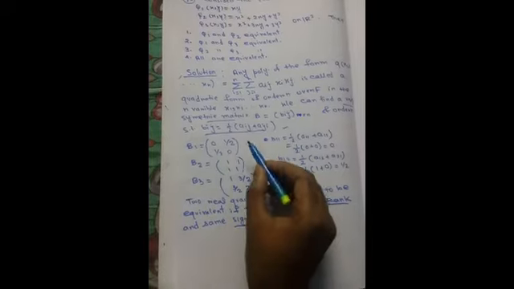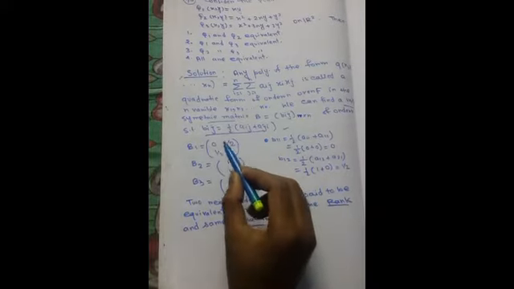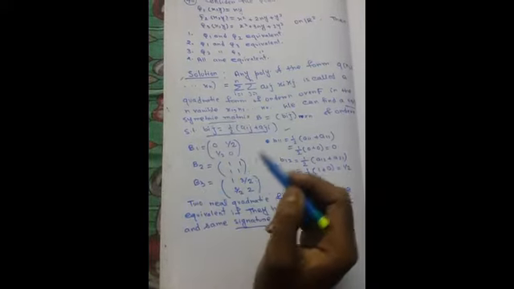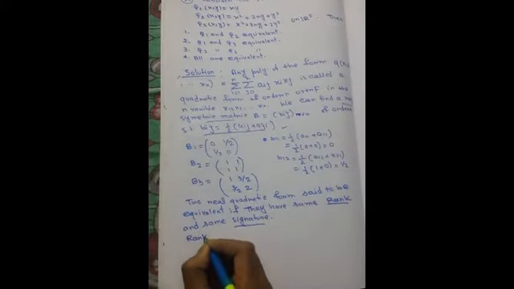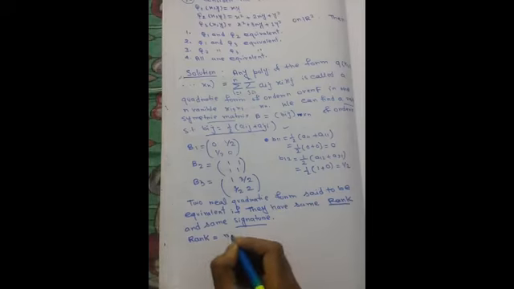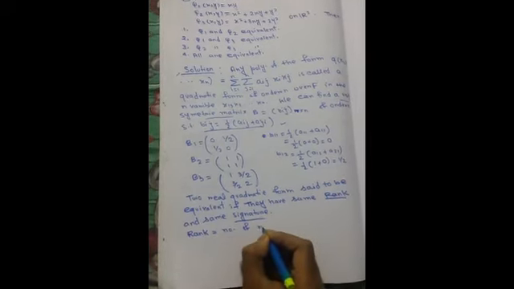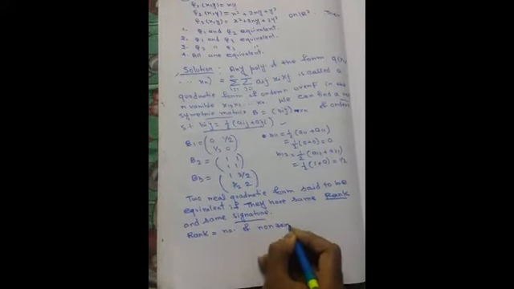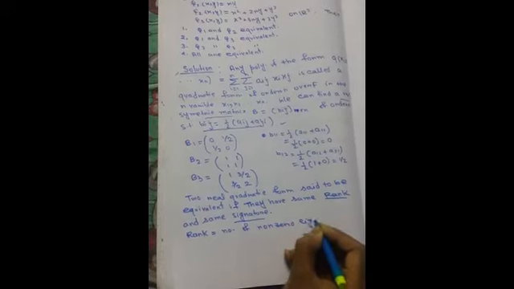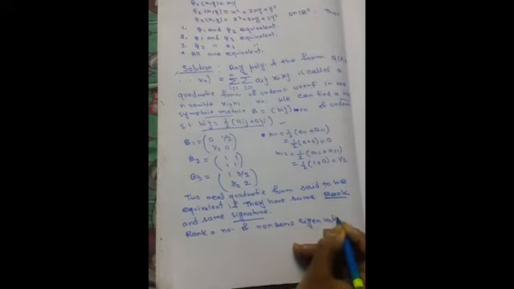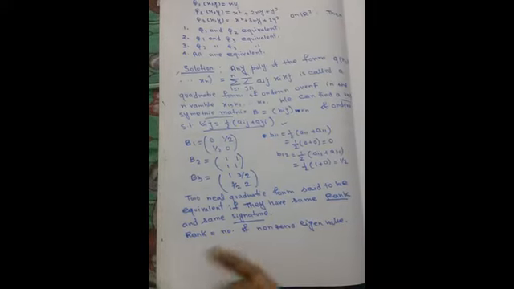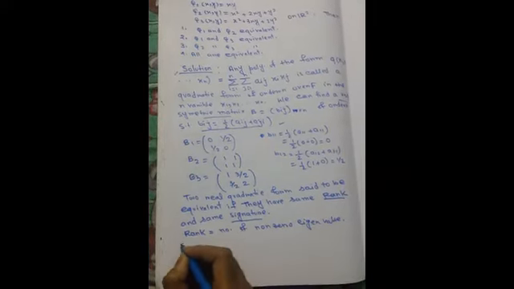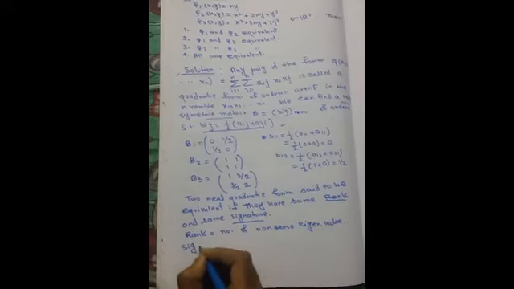What is rank? First we calculate the eigenvalues of B1, B2 and B3. Then rank is equal to the number of non-zero eigenvalues. And what is signature?